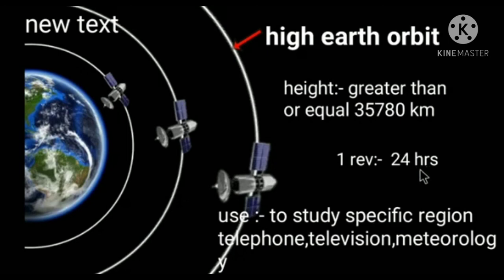It is almost equal to the 24 hours of Earth, that is one day. So they can observe a specific portion or region of the Earth continuously. Therefore they are used in applications like meteorology and for carrying signals for telephone, television, radio, etc. So these are the three different types of orbits of the satellites as per their height from the surface of the Earth and their different functions.